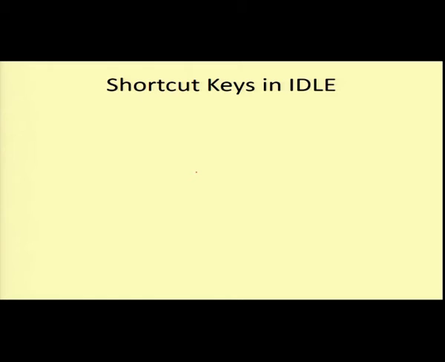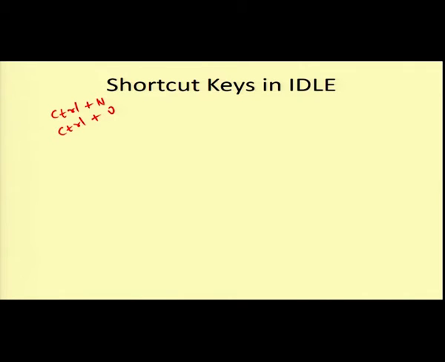If you want to open a new file, what is the shortcut key? It is Control plus N, the Control key available in the keyboard plus N. If you want to open an existing file, it is Control plus O. Supposing if you want to open a module, what is a module?